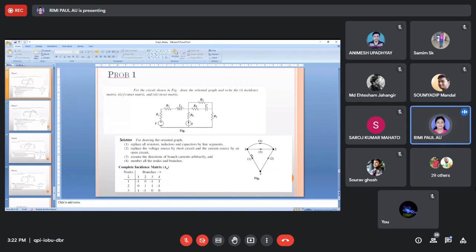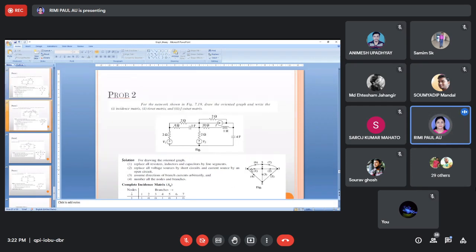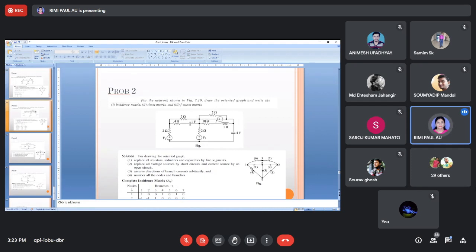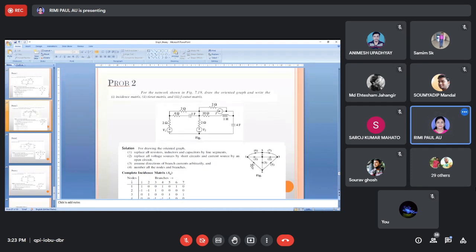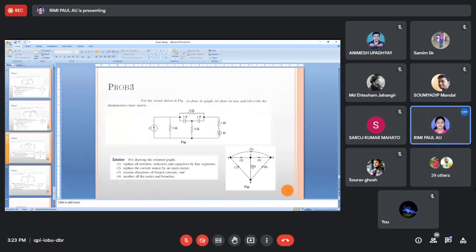From this you will draw the incidence matrix. I need the incidence matrix because our next portion is the reduced order incidence matrix. So next day we will solve it. So up to this you will complete this circuit. Next is this circuit. So this you will also get from here.